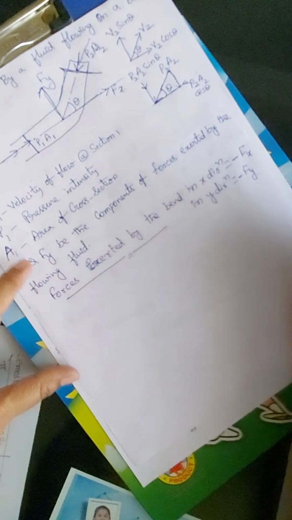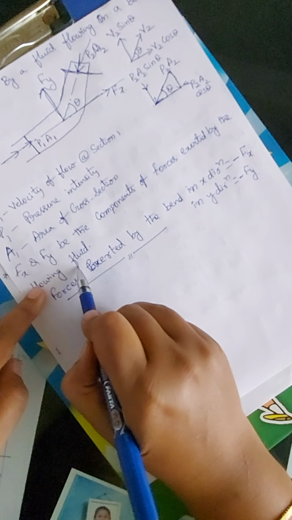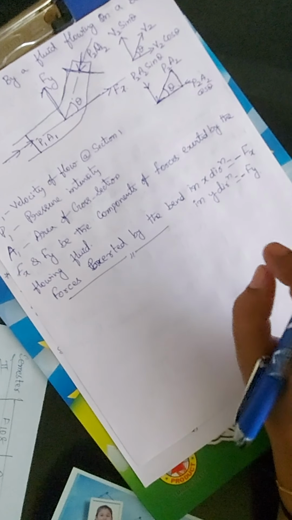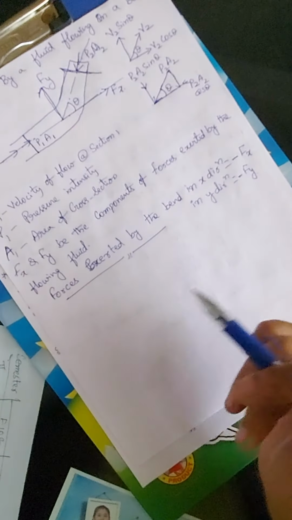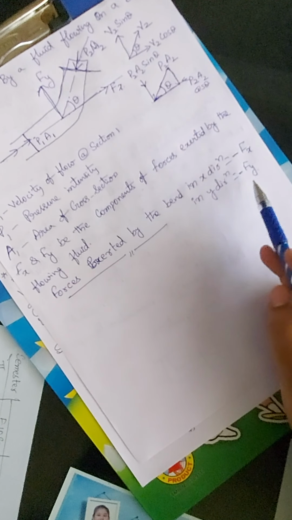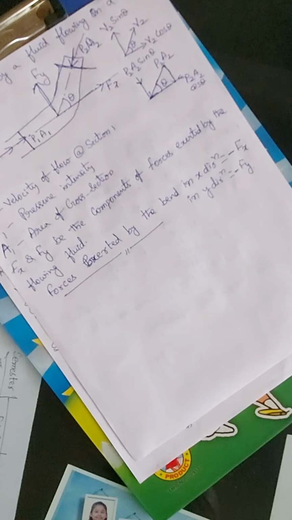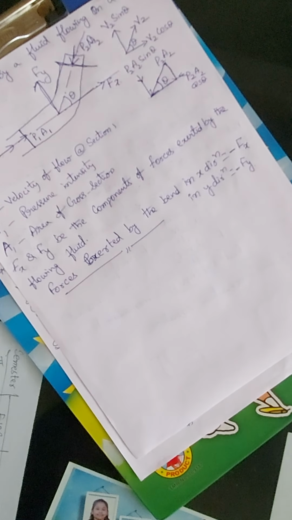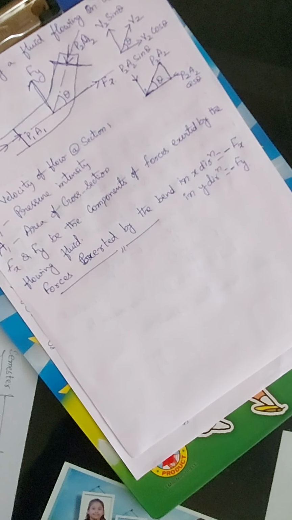Please don't get confused: Fx and Fy are the components of the force exerted by the fluid that is flowing, whereas the bend will exert minus Fx and minus Fy on the fluid. The other external forces acting on the fluid are P1A1 and P2A2 on sections 1 and 2.